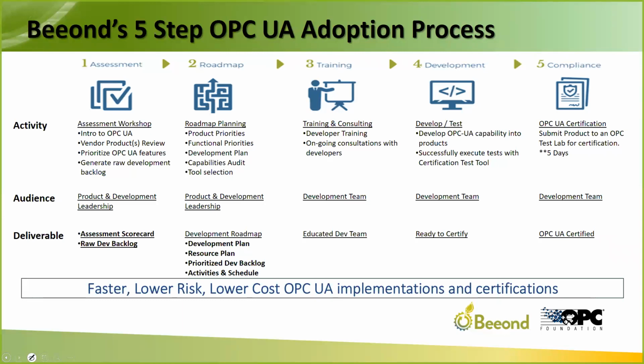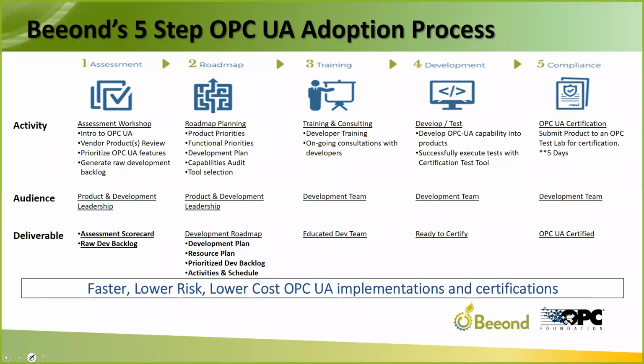It's usually about a 2 to 5 week exercise to go through both. It includes 2 workshops, conducted with the product management and development leadership. It depends a little on the organization and how they run development, but typically those 2 parties are represented because we're defining the OPC UA requirements that match their product goals.